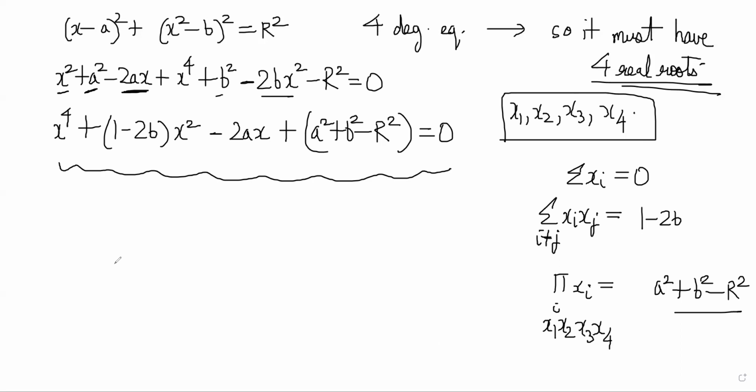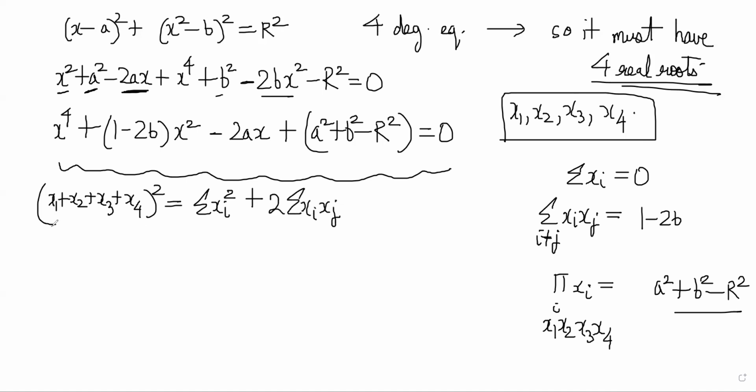Now we can see from here that (x1 plus x2 plus x3 plus x4) whole square will be the sum of all the xi square plus twice the sum of xi xj, and this is 0 because this part is 0.